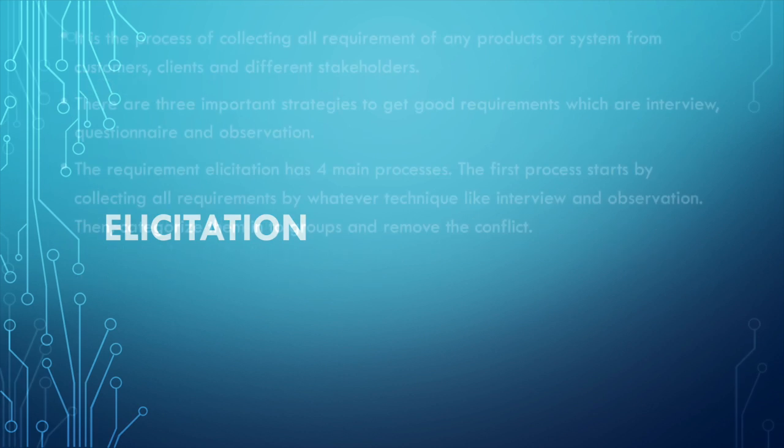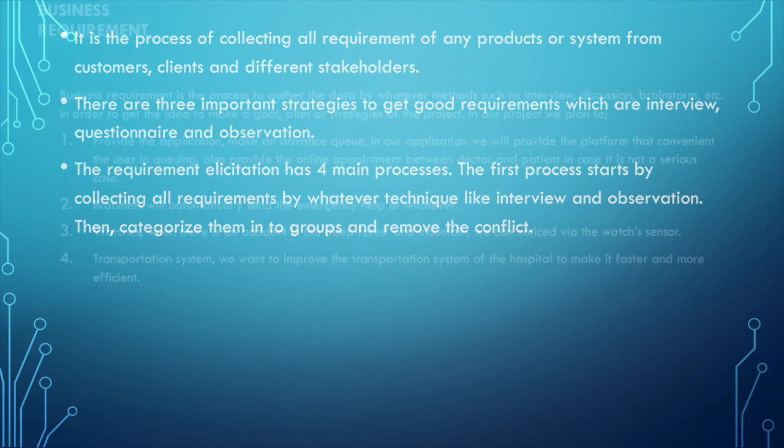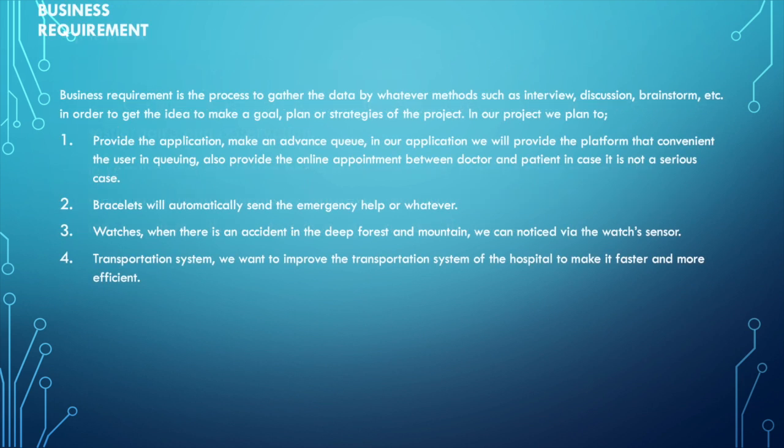Elicitation. It is the process of collecting all requirements of any product or system from different stakeholders. First requirement is business requirement. Business requirement is the process to gather the data by whatever method, such as interview and observation, in order to make a good plan and goal strategies of the project.